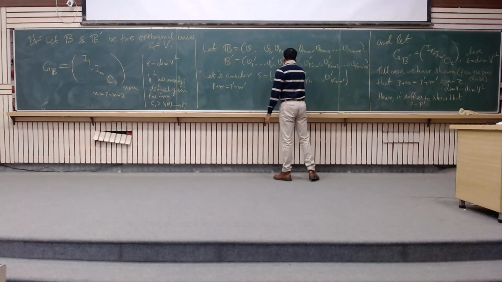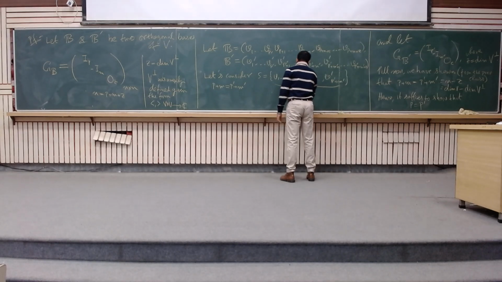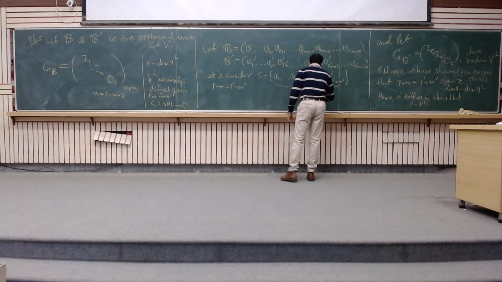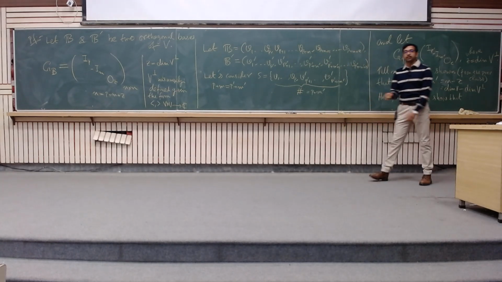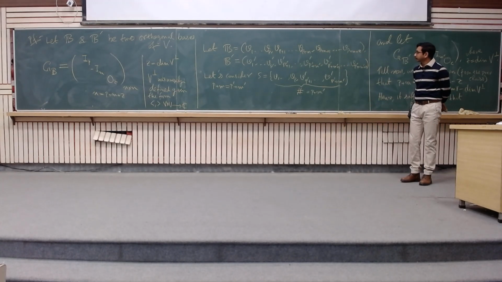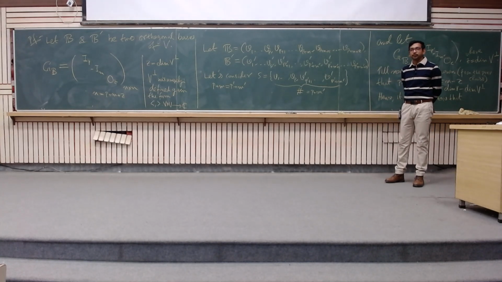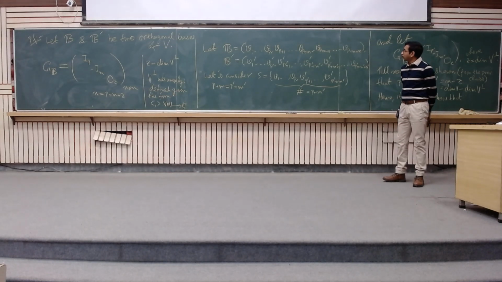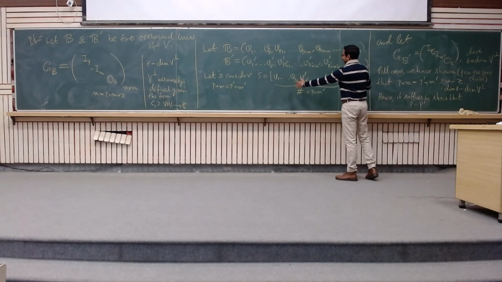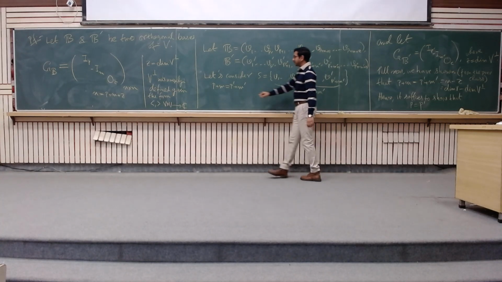So the total number p plus m dash, right? If it is linearly independent, well, all you can say is that the cardinality of this is less than p plus m.